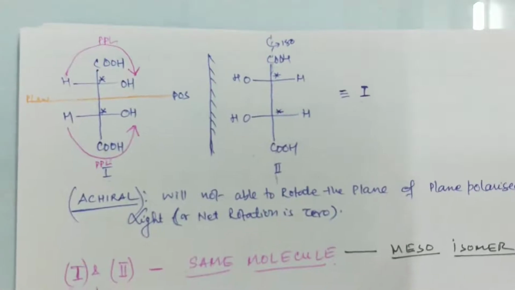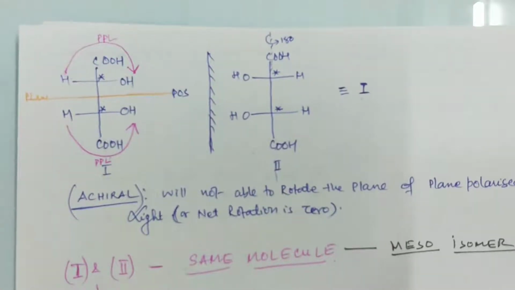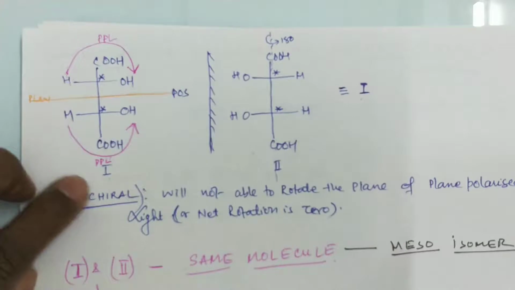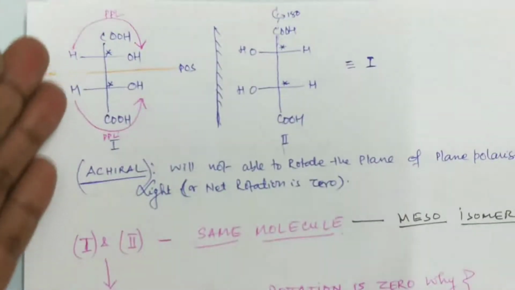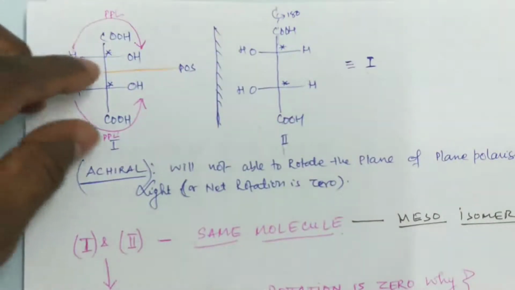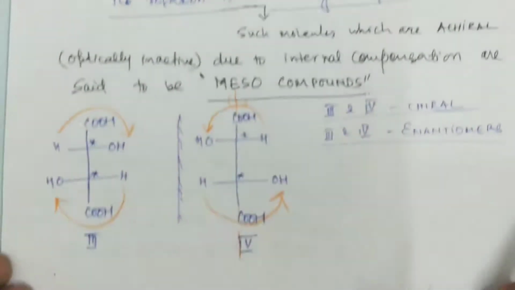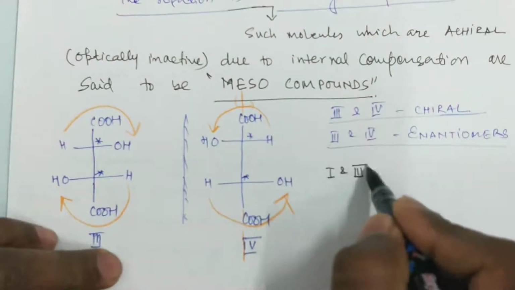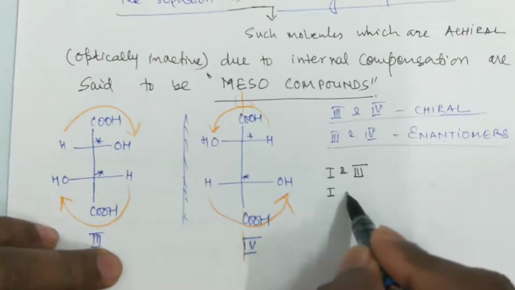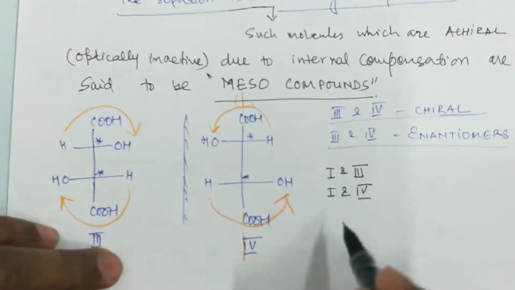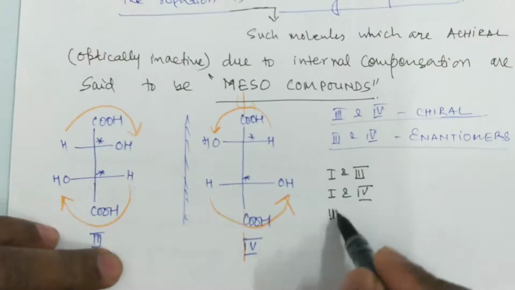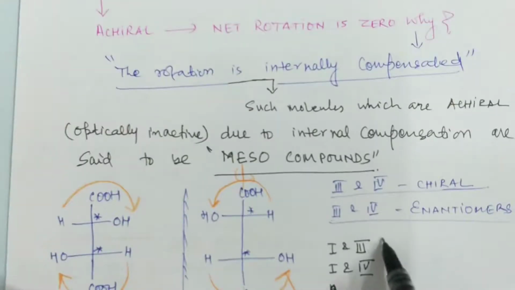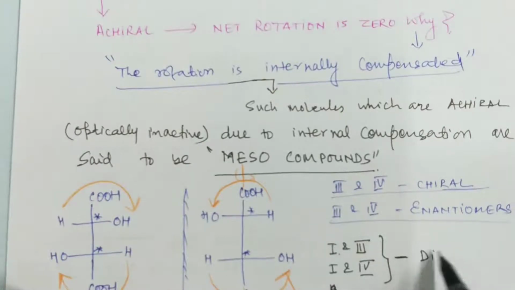One more relation we can derive here. See, there is no mirror relation between 1 and 3 and 1 and 4 because you cannot get the mirror image. If you take the mirror image of the first, you cannot get 3 or 4. So there is no mirror relation between 1 and 3, 1 and 4. 1 and 2 are identical. So 1 and 3, and 1 and 4 are diastereomers.